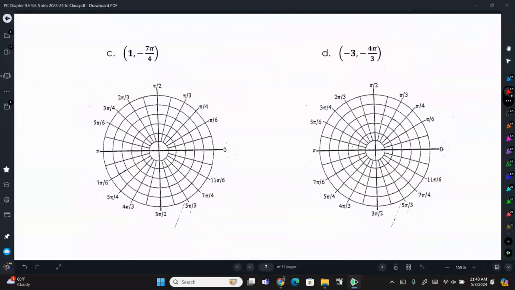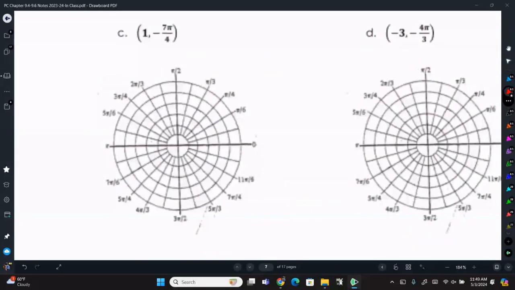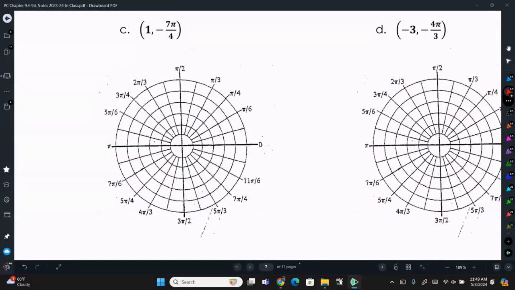All right, so now these are going to get a little bit more difficult, where we have negative angles or radiuses. So letter C, 1 comma negative 7 pi over 4. So I'm going to go 7 pi over 4 in the clockwise direction. So if I were to do that, I would end up here at pi over 4. And then I'm going to go out 1 unit. So there's my point.